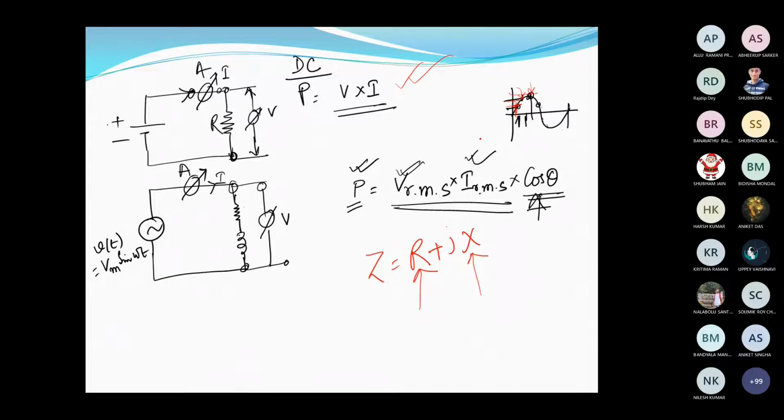Besides this, we multiply with some other factor that is called power factor, right? Why this power factor actually comes, I'll tell you. When there is only a resistive element and we are exciting it by some AC, at that time what is the voltage and current? So this is the current.